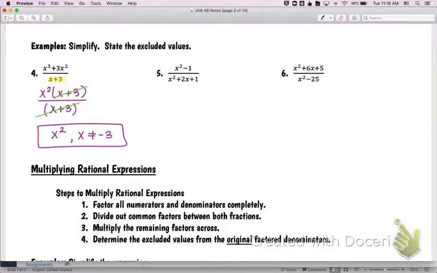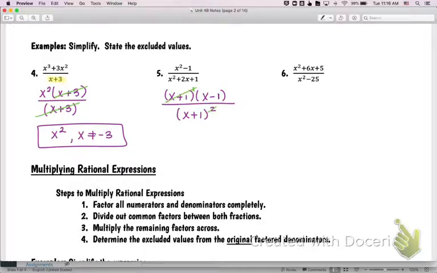Let's look at number 5. Again, the first thing that we need to do is factor, and so we will get the difference of squares on the top and a perfect square on the bottom. So this is how that factors. Now, up on the top, we have x plus 1 to the first power, and in the denominator, we have x plus 1 to the second power.